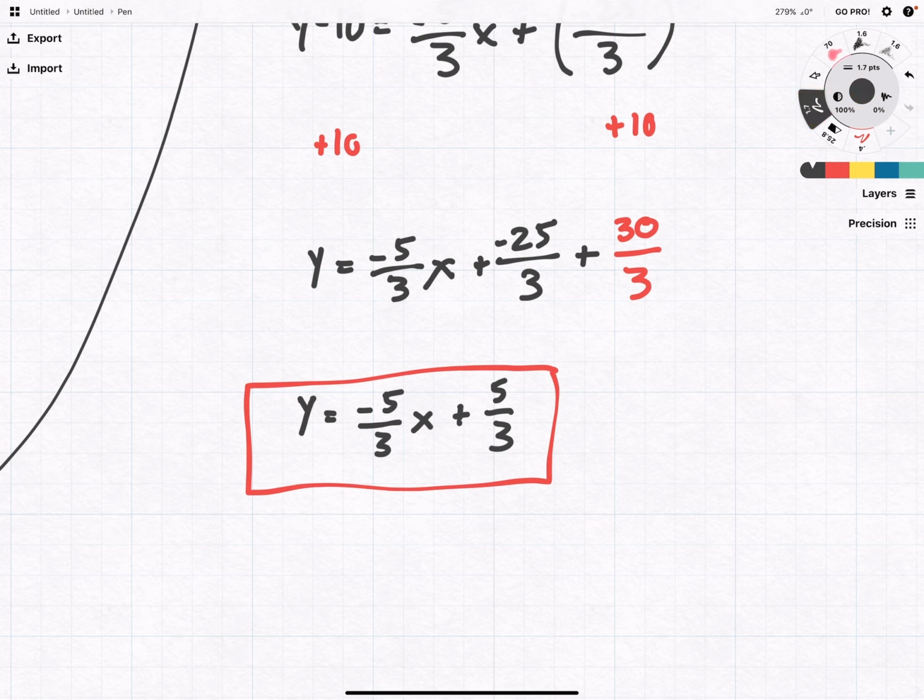And in this case, it's the line segment, right? So that's going to be for x greater than or equal to -5, less than or equal to 7. And that is our answer to number 52.